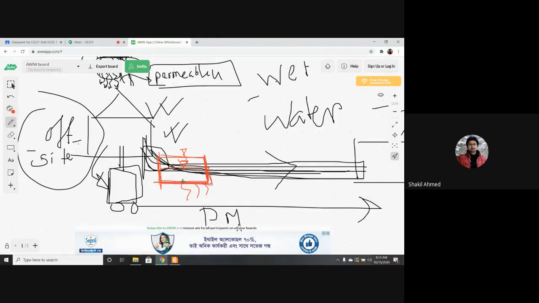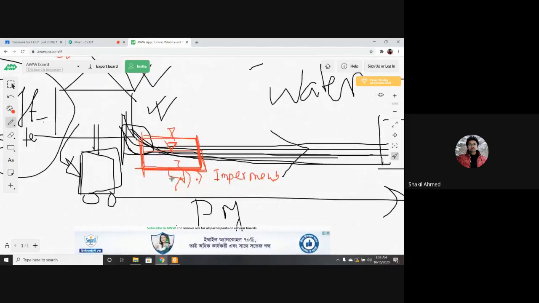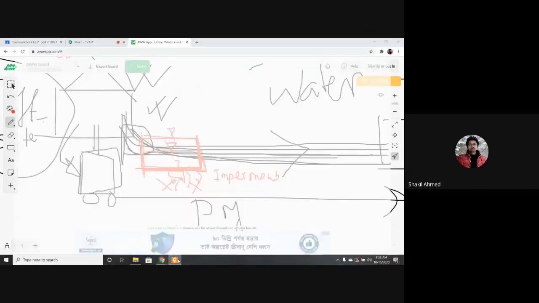This is concrete. Wastewater is not allowed to infiltrate in the soil. So this is impermeable system. Impermeable and permeable. Permeable is water is allowed to infiltrate. Impermeable means the water is not allowed to infiltrate. Clear? Yes, sir.